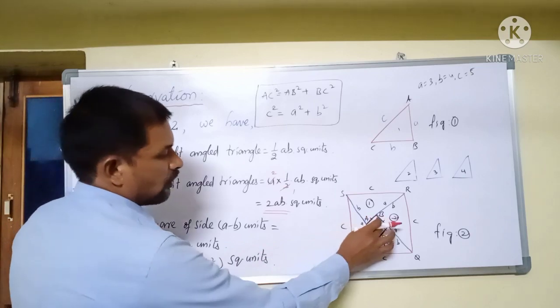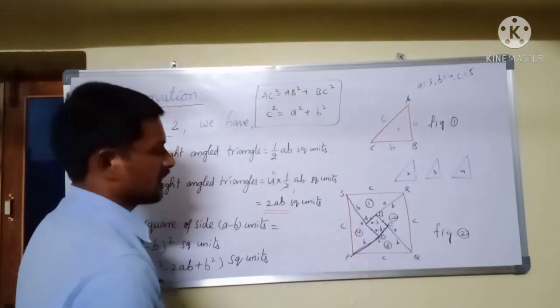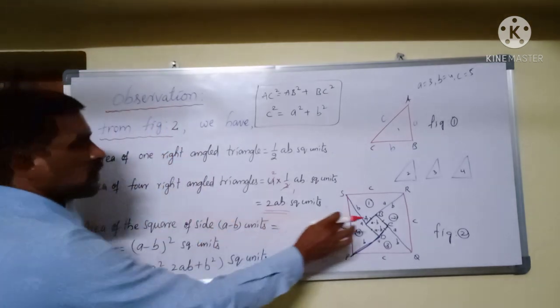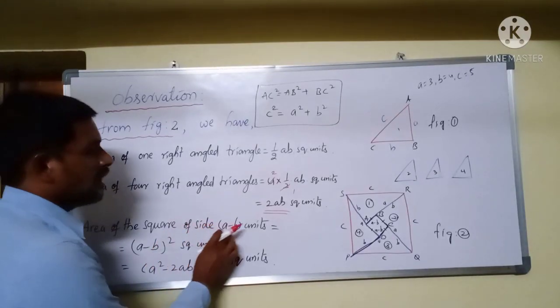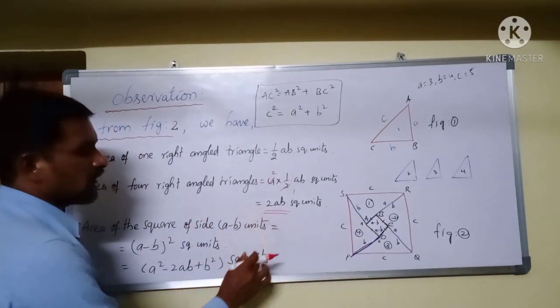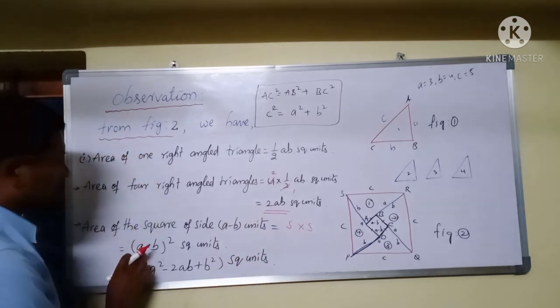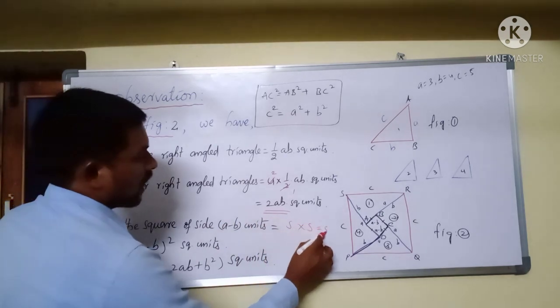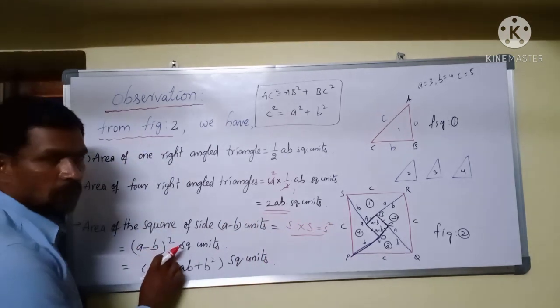Now we have to find the area of ABCD whose side is A minus B units. So this is a square. The area of the square of side A minus B units is side into side, that means side square, that means A minus B whole square.